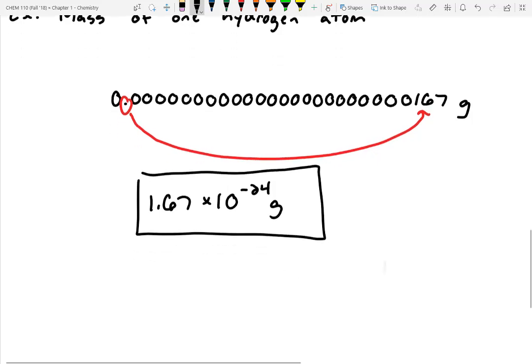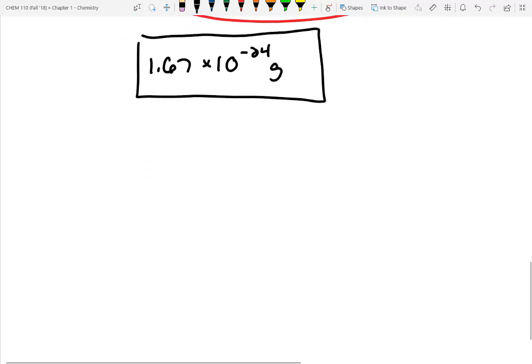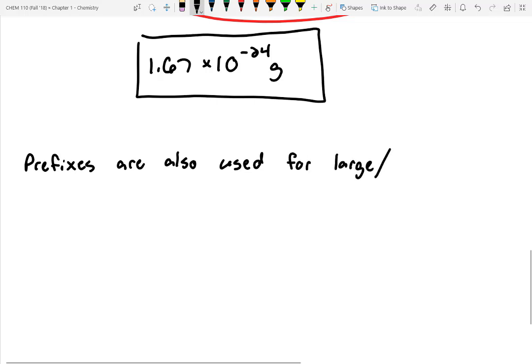All right. Occasionally, instead of scientific notation, we'll use prefixes. And so we'll take a look at a few examples of this. Prefixes are also used for large or small numbers.